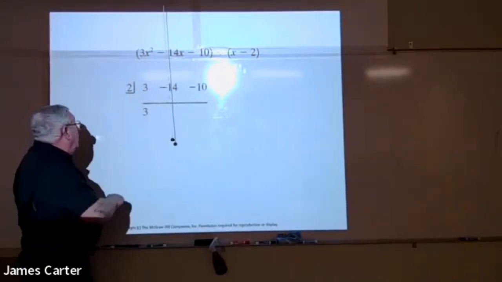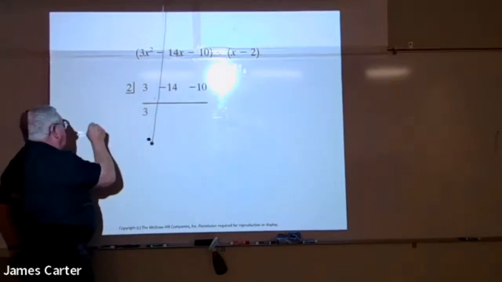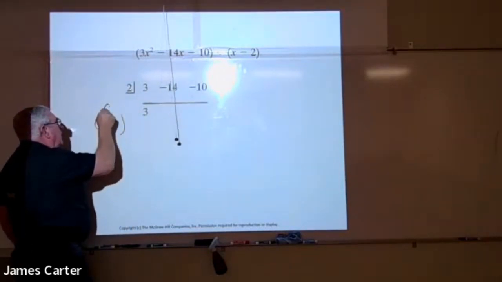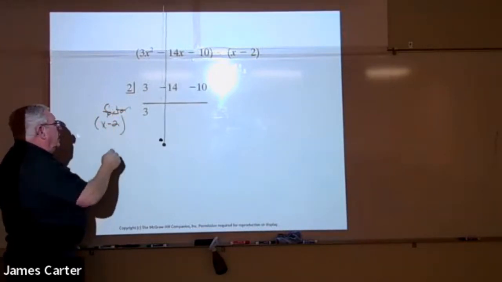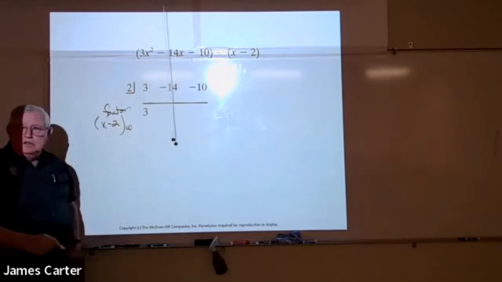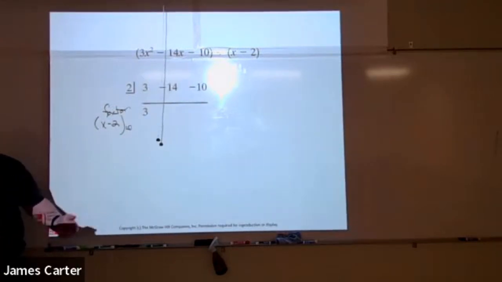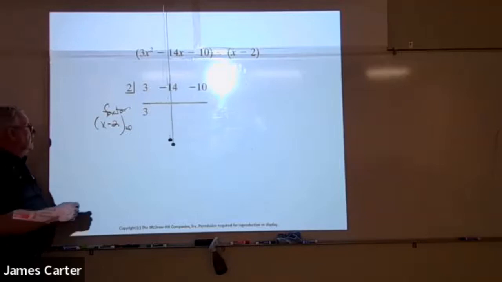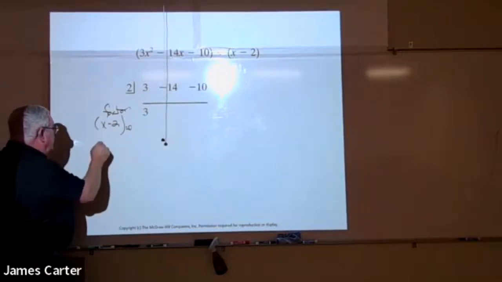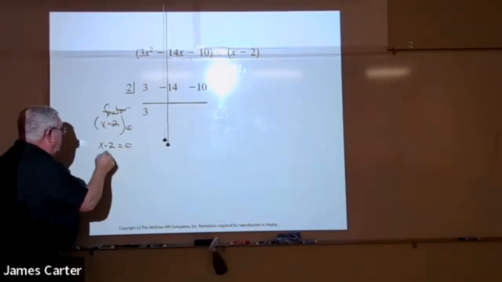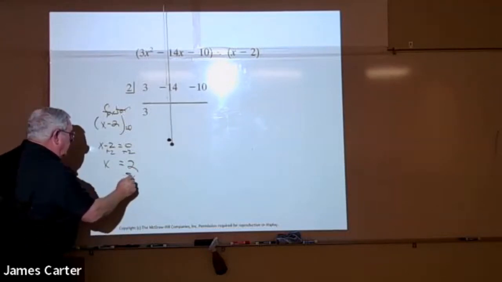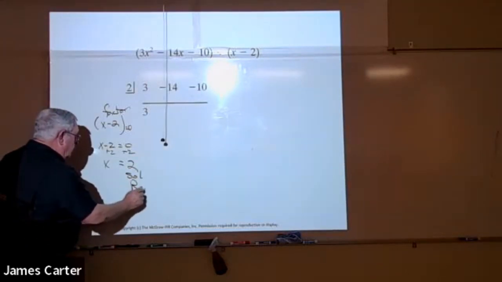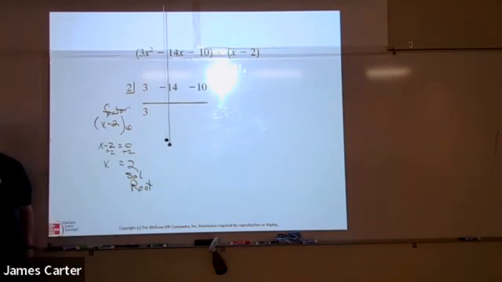Okay, that is a factor. If that factor is equal to 0, then what would we get from this? We would get x minus 2 equals 0, plus 2 plus 2. So x equals 2 as a solution or a root. Those are interchangeable words.